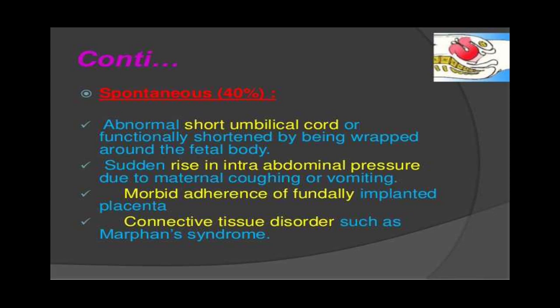Because of coughing and vomiting there may be pressure in the abdomen, and because of that there may be chances of getting inversion. Okay, then prolapsing or morbid adhesion of fundally implanted placenta, then connective tissue disorders such as Marfan's syndrome. In this also there will be chances, about 40%.